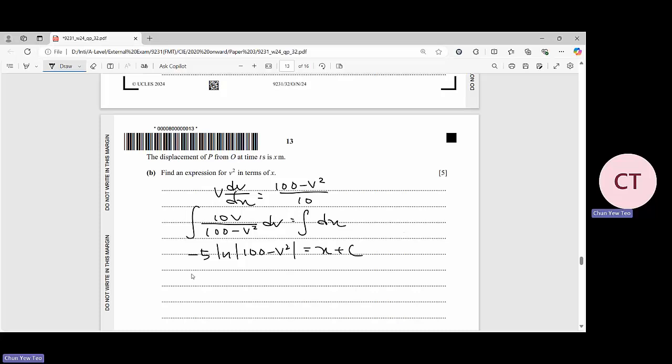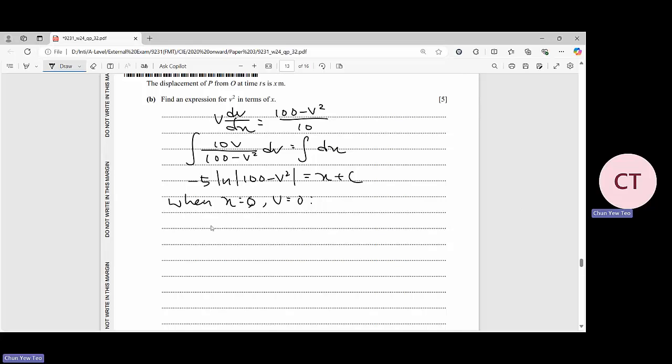Okay, so when x equals 0, your v is equal to 0 based on the information given in the question. So we have c equal to negative 5 ln 100. Okay, maybe I shouldn't call it c, I should call it d, because c just now in part A we already used, so this one I call d. So now we have negative 5 ln modulus of (100 - v squared) equals x minus 5 ln 100.